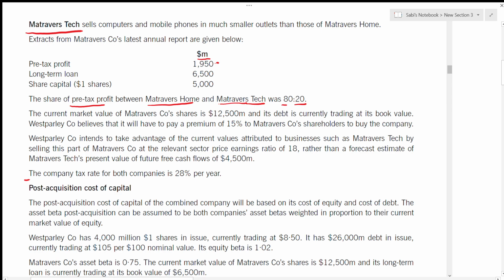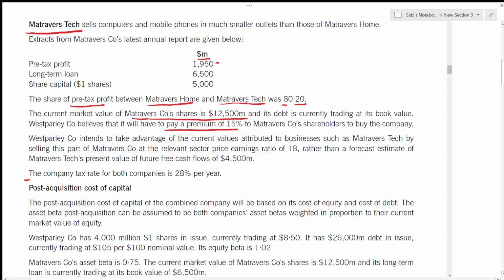Here they are not dividing between the tech and the home. They are saying the whole of the Matravers company's share. Current market value is this. And its debt is currently trading at its book value. Westpay believe that it will have to pay a premium of 15% to Matravers shareholders to buy the company.